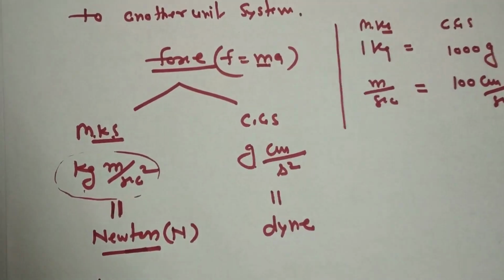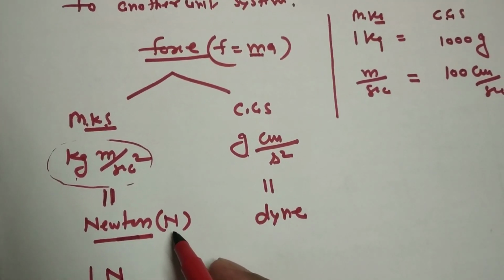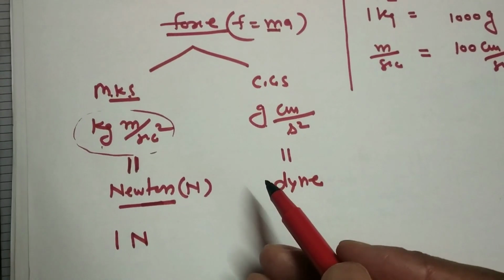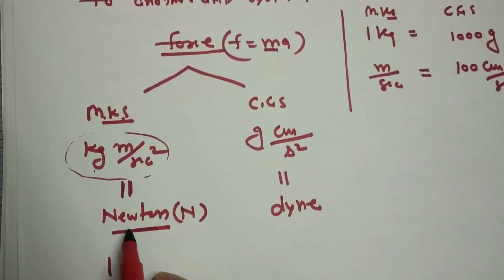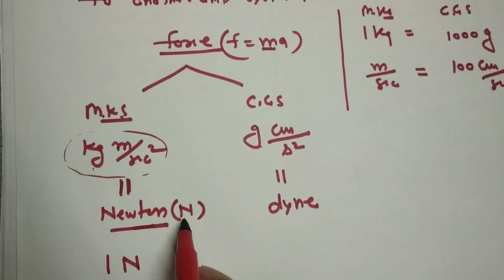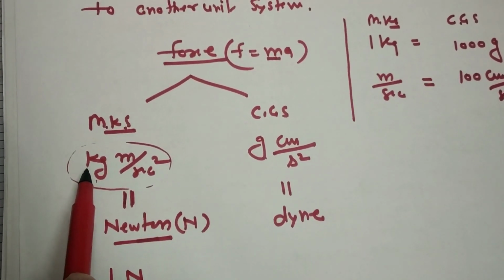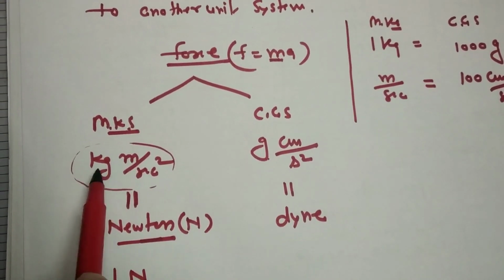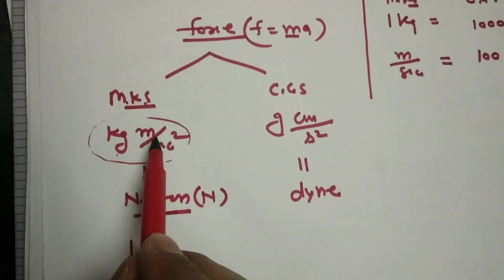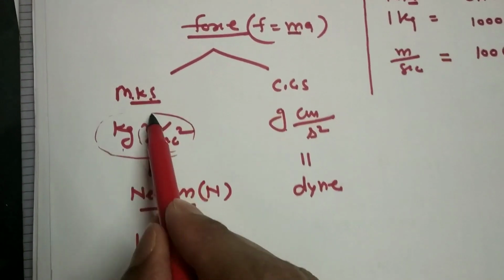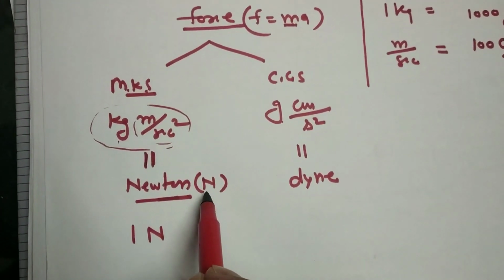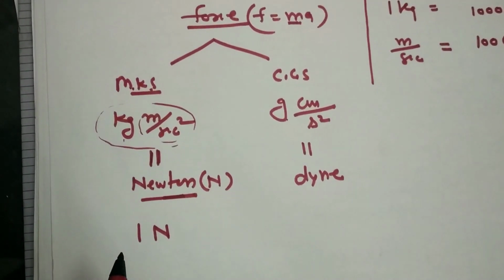If you want to define any unit, simple: 1 Newton will be equals to, if 1 kilogram mass is moving with 1 meter per second square acceleration, then force on the body will be 1 Newton.